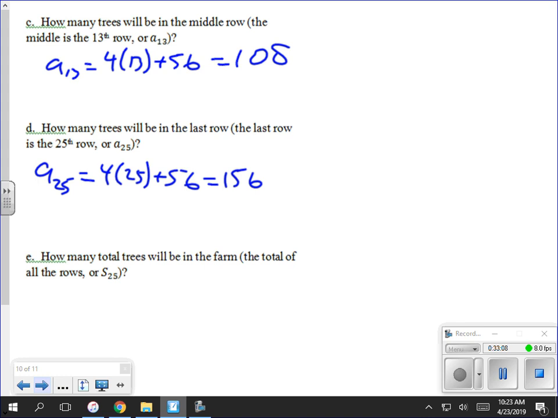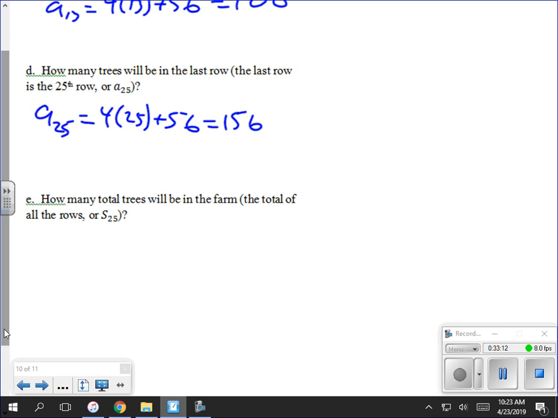How many total trees will be on the farm? The total of all the rows, or S sub 25. That kind of should give you a hint. I'm going to use one of these 2 formulas here, because these are the 2 with S. I'm going to use the one that's arithmetic. This one here. I need to know how many rows, 25. I need to know how many in the first one, 60. And how many in the last one, we just did that.